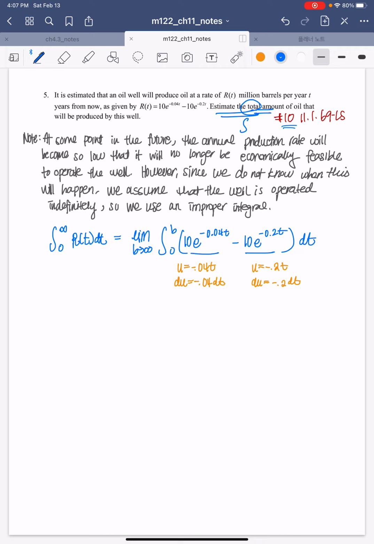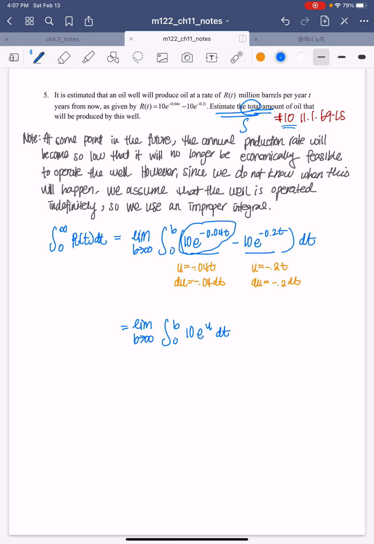Okay, so let's continue. So limit as b approaches infinity. This part here is now going to be 0 to b, 10 e to the u dt.